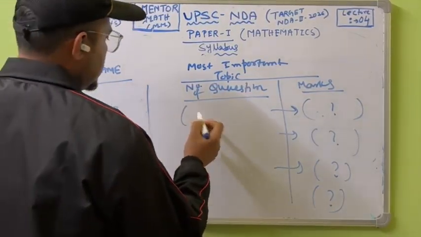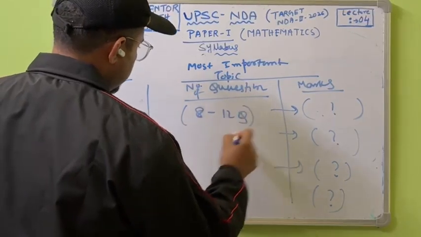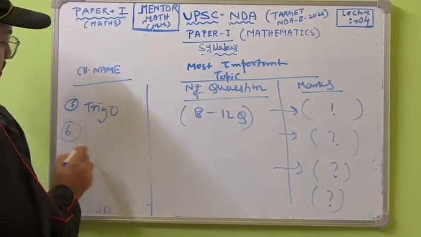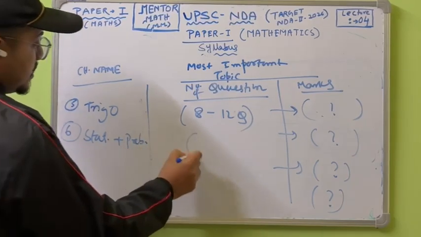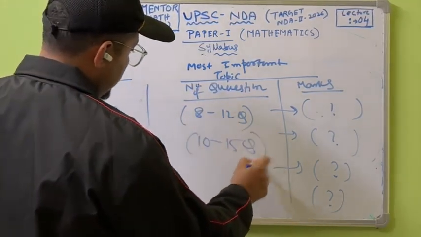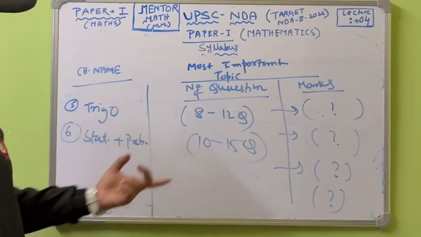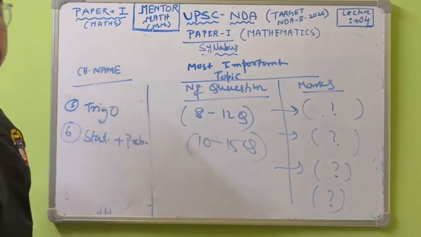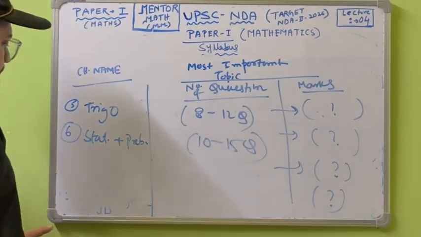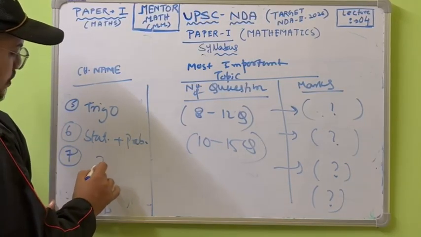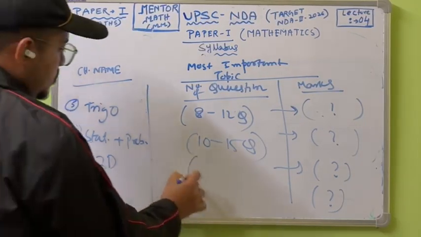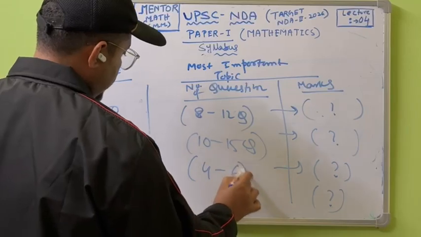You can see 8 to 12 questions, and then very important statistics and probability. From that chapter you can see 10 to 15 questions, the most weighted questions. Okay, 10 to 15 questions from statistics and probability. And then 2D geometry, from which you can also see 4 to 6 questions.